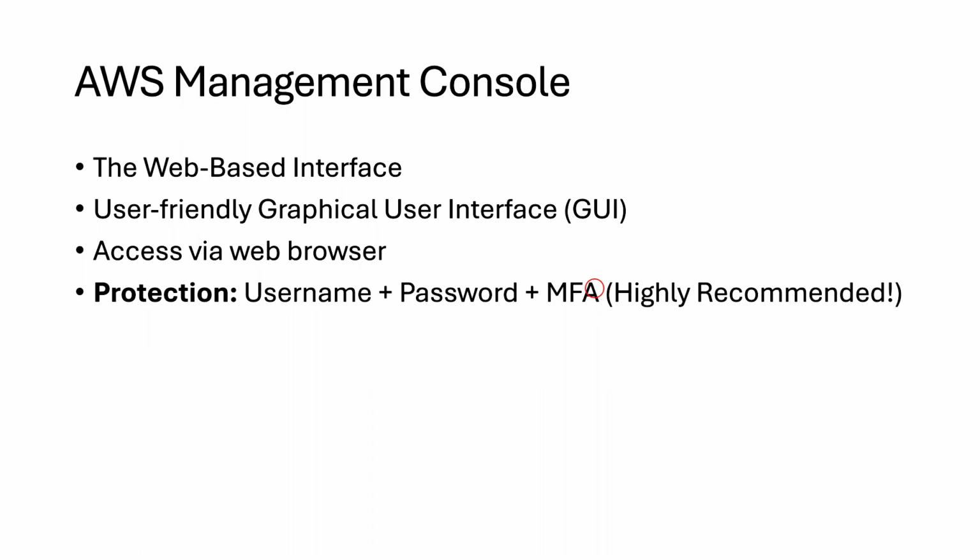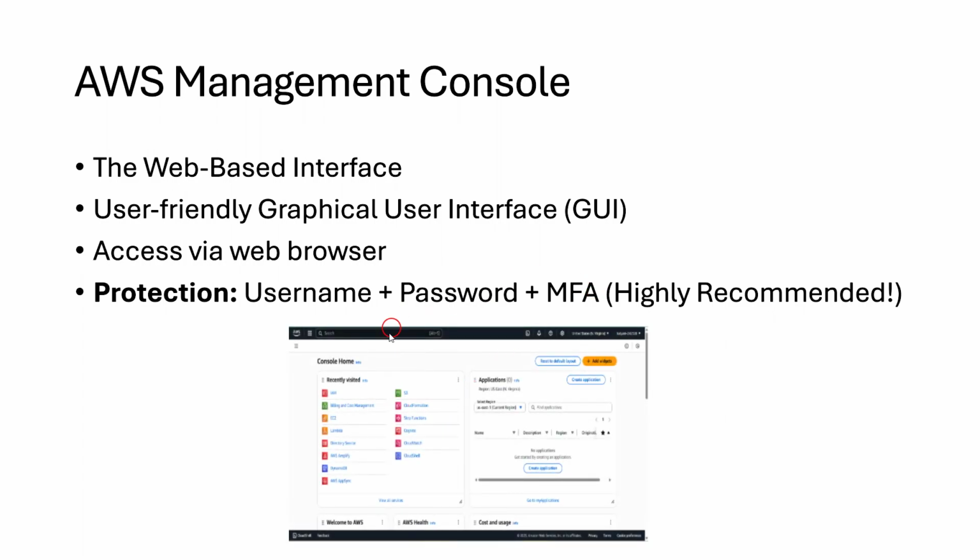This is the recommended way for most direct and manual interactions. So using the AWS Management Console is recommended if you are doing direct and manual interactions where you want to spin up EC2 instances one by one. If you want to spin up an S3 bucket, you have to create one S3 bucket at a time by using this UI. So in that case, if you want to go manual, you can use the AWS Management Console, which is easy to use, and we are using it till now, right?